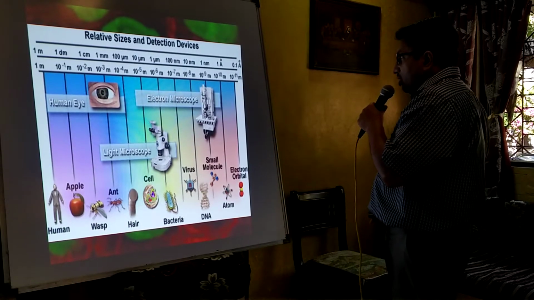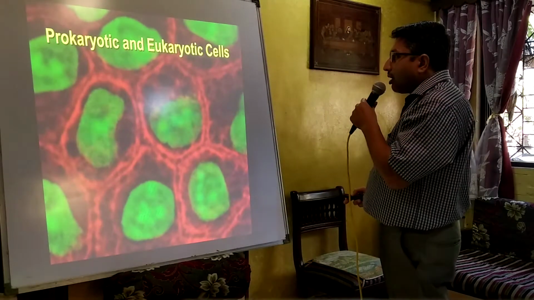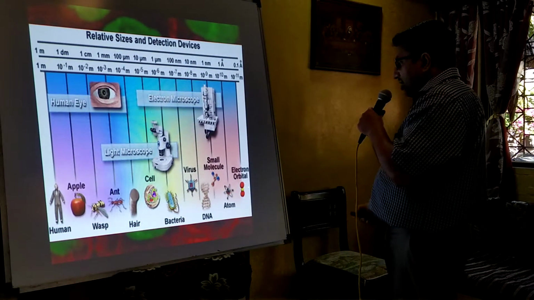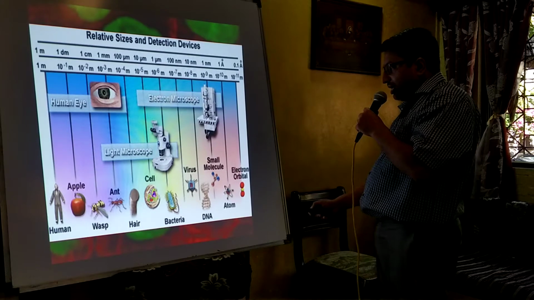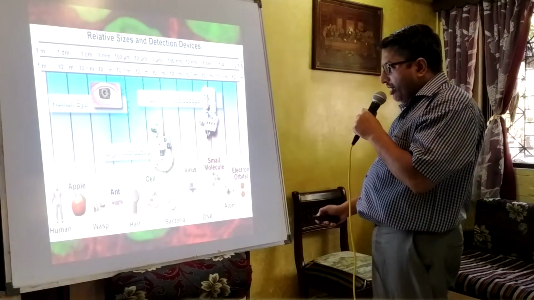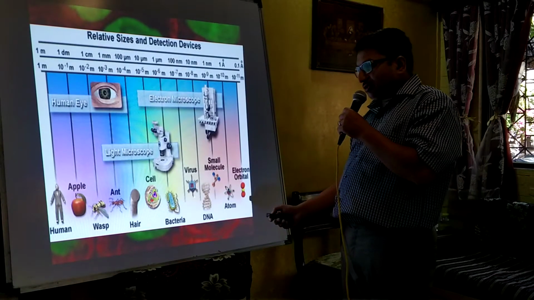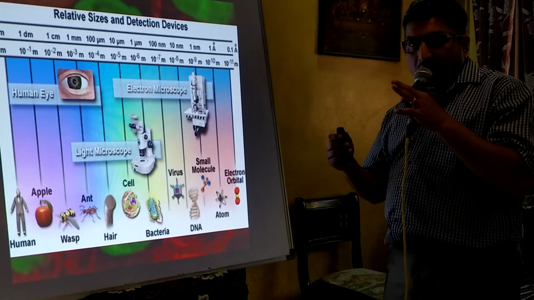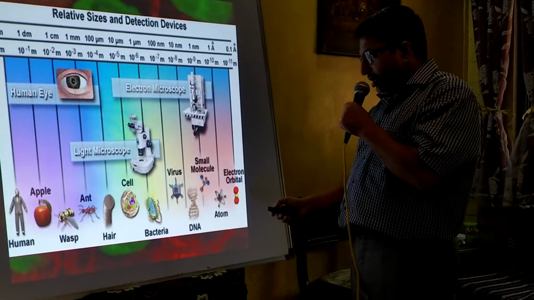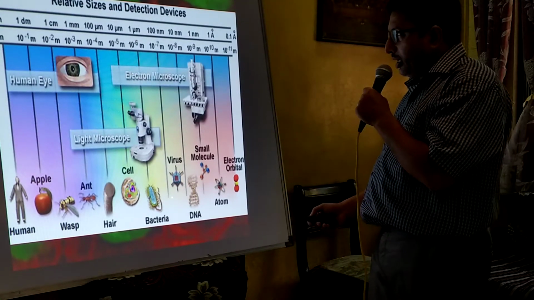To begin with, we have an electron orbiting the atom. Then we have a small molecule, the DNA molecule. Then a virus, such as the one which has been causing such a big hue and cry nowadays through the pandemic of the coronavirus. Here we have a virus which is even smaller than bacteria.